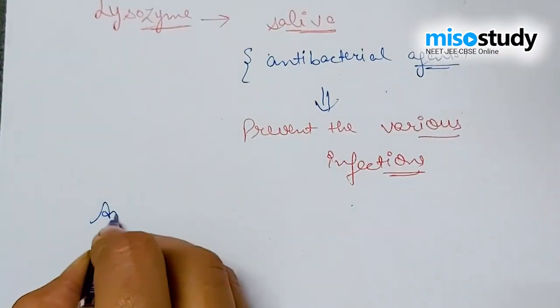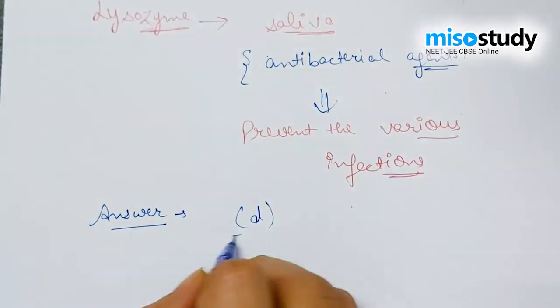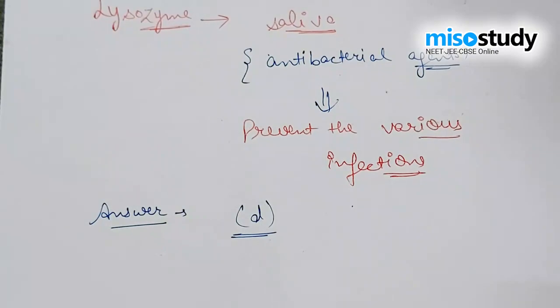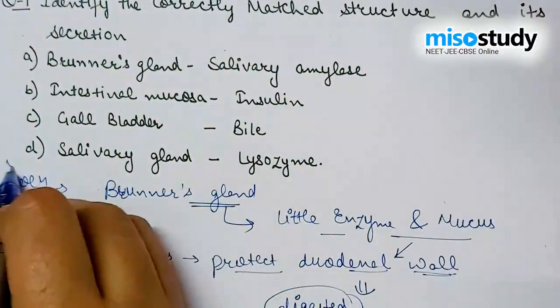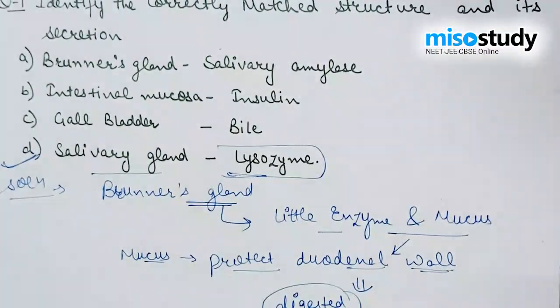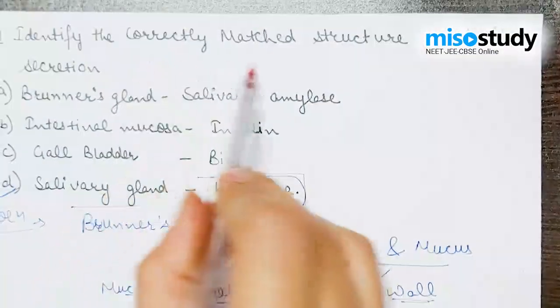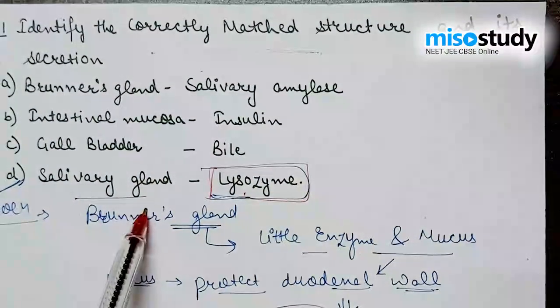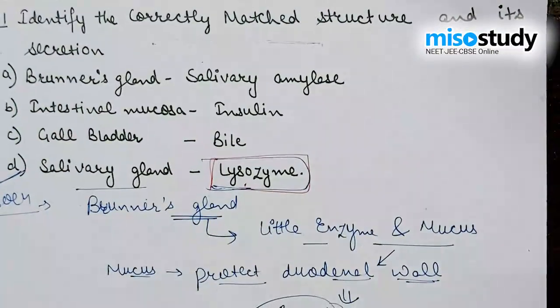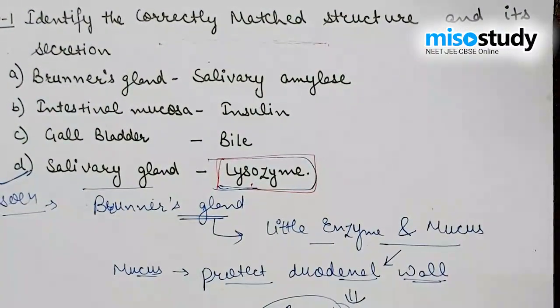So according to the discussion, the right answer for the question is option D. Option D includes the salivary glands, that is the lysozyme. So this is the only correctly matched option; the rest three are incorrectly matched.